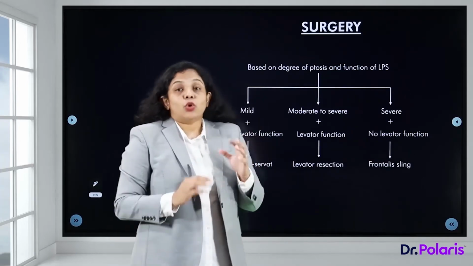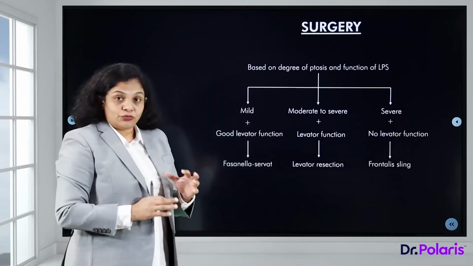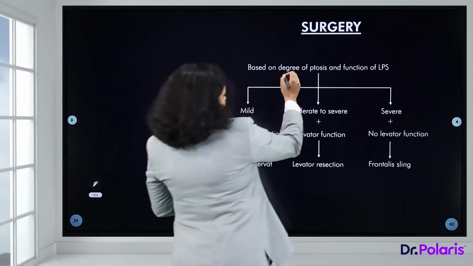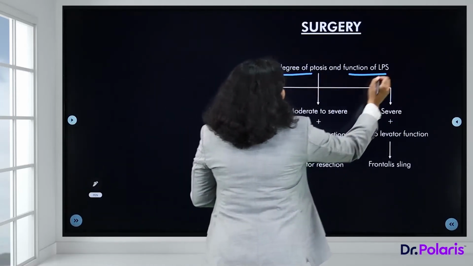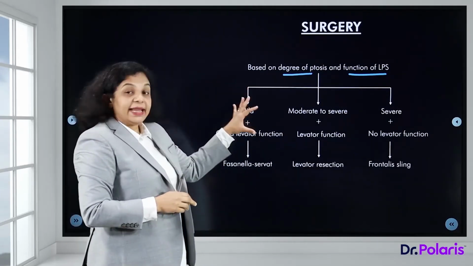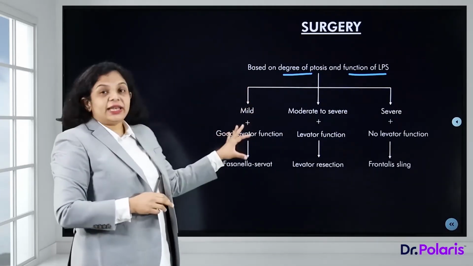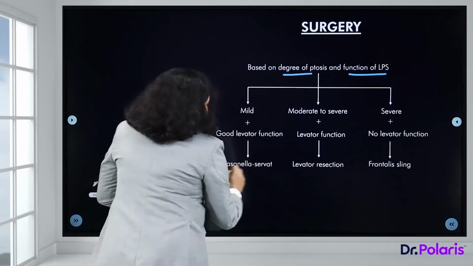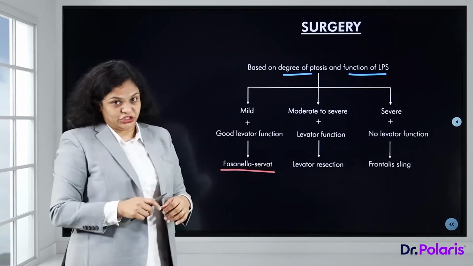How do we decide what type of surgery we are going to do for ptosis? This is based on the degree of ptosis and the function of your LPS muscle. If you have a mild ptosis with good levator function, then the surgery of choice is the Fasanella-Servat procedure.